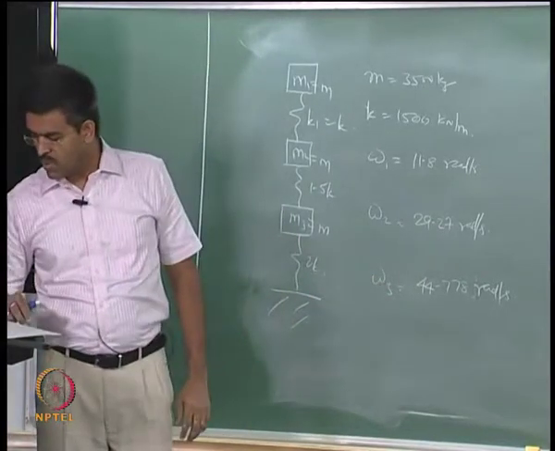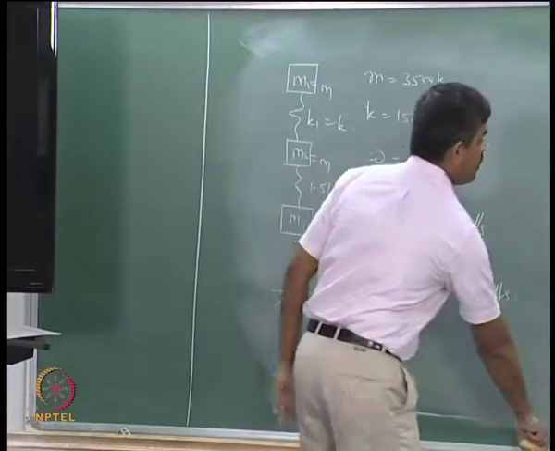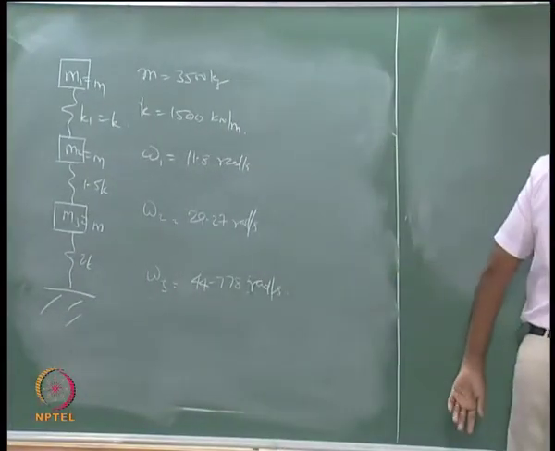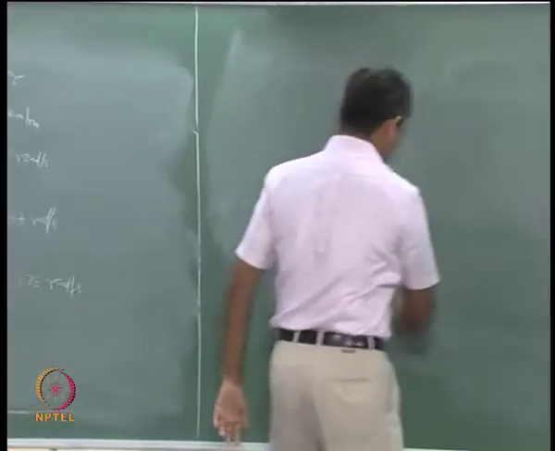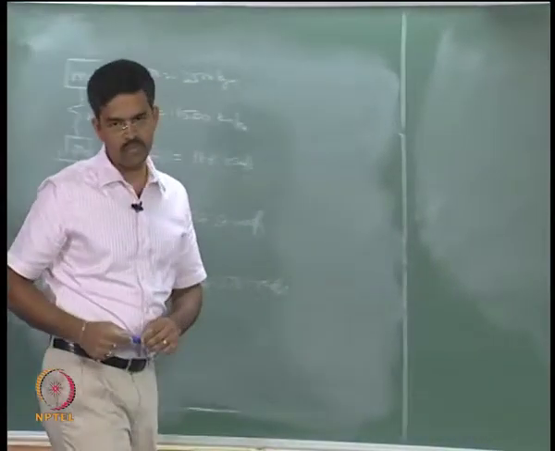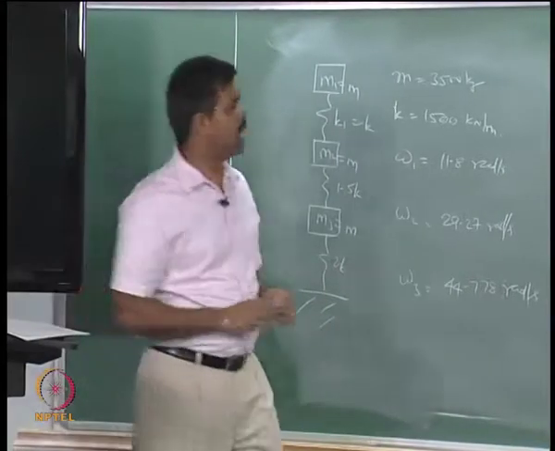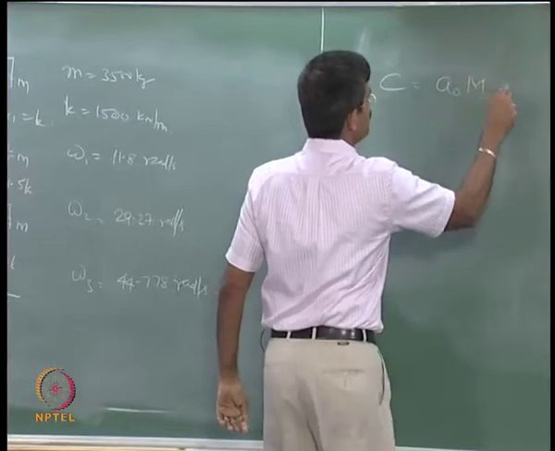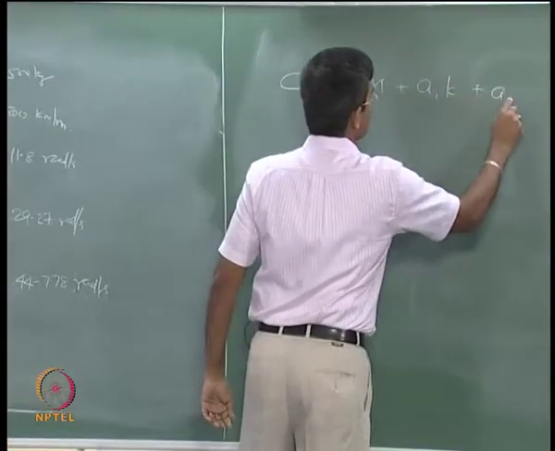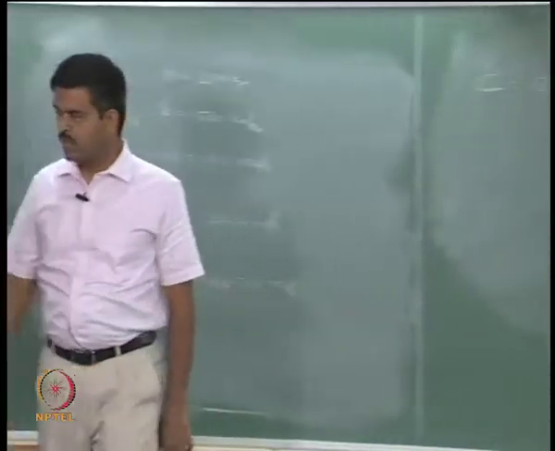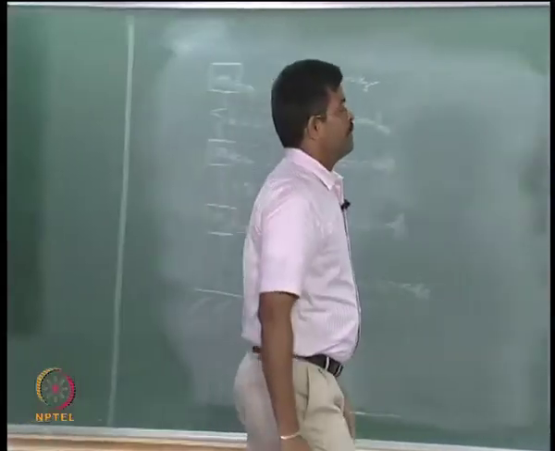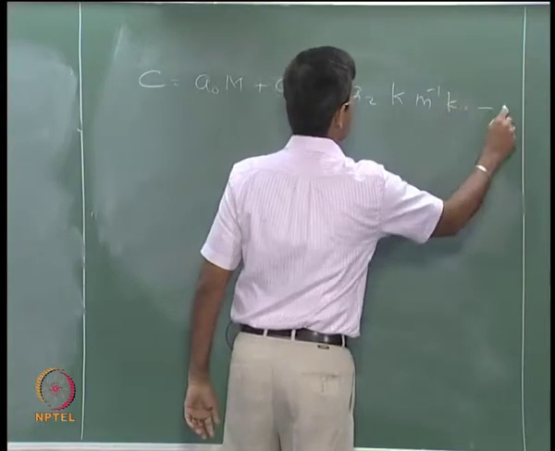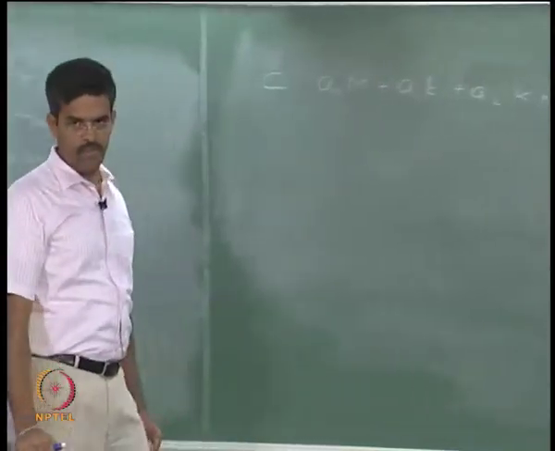So now let us try to work out the values of A0, A1 and A2 to find out the C matrix from the Caughey's model. Rayleigh we already have. So we already know the C matrix is given by A0 of M plus A1 of K plus A2 of K M inverse K. I call this equation number 1 for my problem.